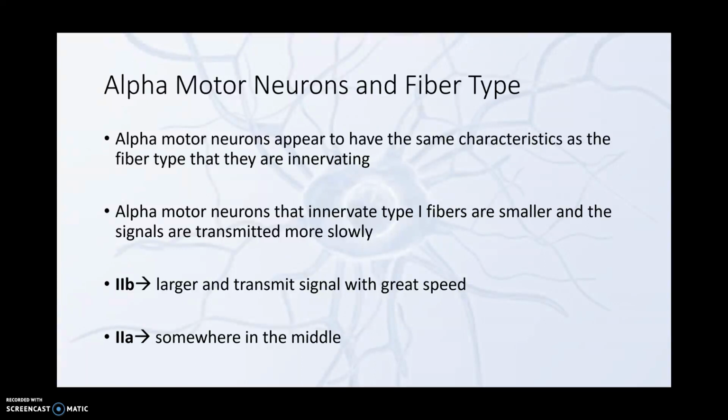So these are our fast glycolytic fibers, so we're going to have a larger alpha motor neuron and a thicker axon, which transmits the signal with great speed to those muscle fibers because we need to activate those very, very quickly. And then our type 2A fibers, which are the middle of the road fibers we talked about, are somewhere in the middle. Their alpha motor neurons are not quite as small and they're not quite as big as the type 2B fibers.